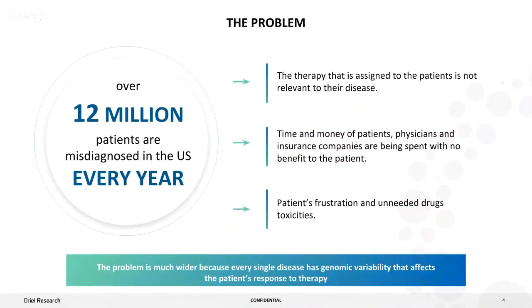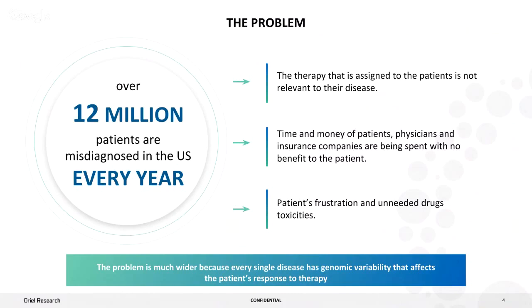And how big is this problem? It's known right now that about 12 million patients are misdiagnosed in the US every year. In a case like this melanoma patient, he's not misdiagnosed, but based on his diagnostic, there is no good, decisive way to know what is going to help him.